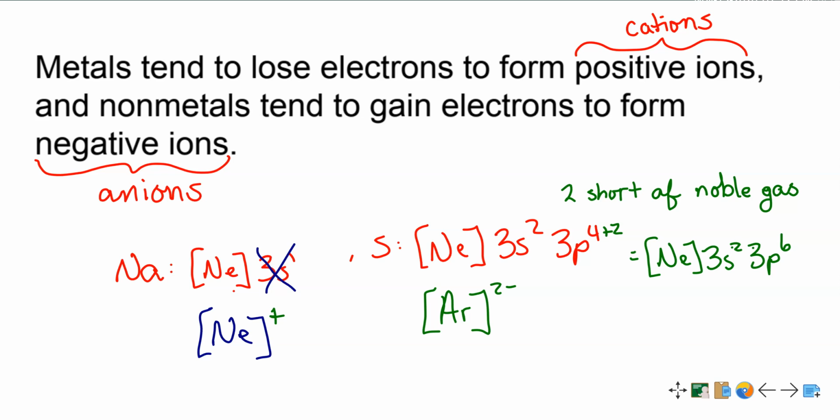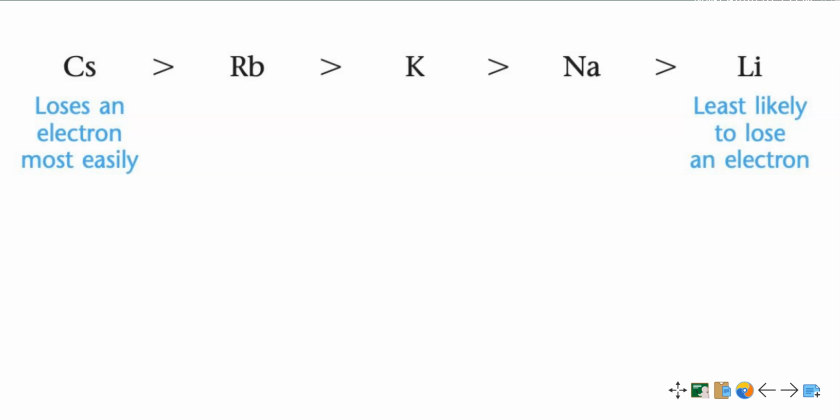Okay? So the whole idea of gaining and losing electrons, whether it becomes positively charged or negatively charged, is that it becomes electrically stable, so that it looks like a noble gas. That's the whole goal. Now, this goes into how easily an element gains or loses an electron from its configuration.